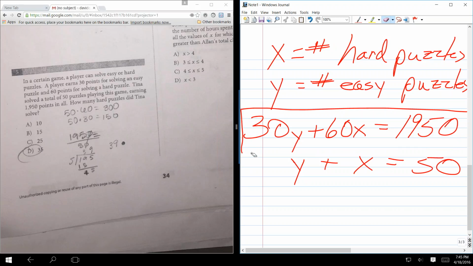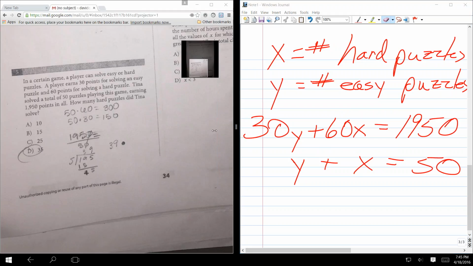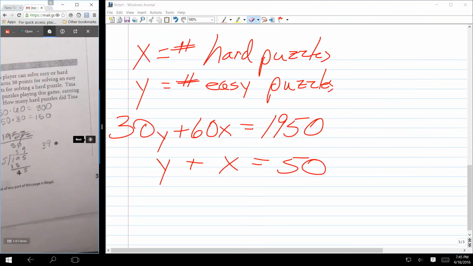Solving it is another matter, but what I'm looking for to solve it is 2 equations and 2 unknowns. How do I solve this system of equations? You could do substitution or elimination. Let's do elimination.